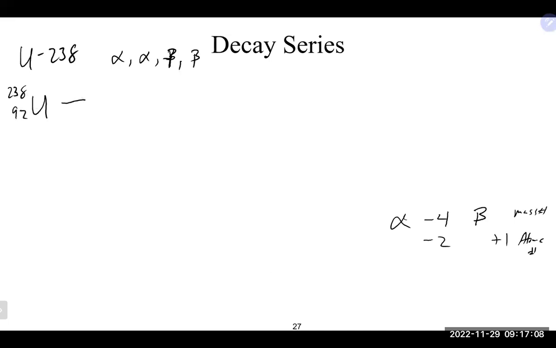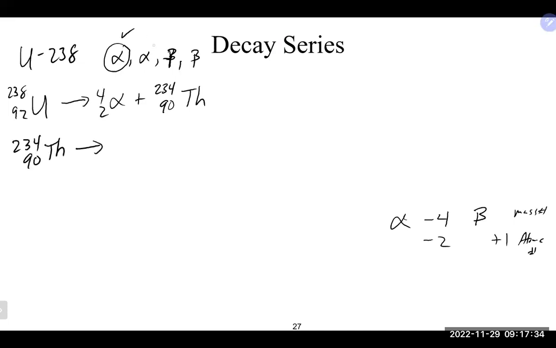The first thing that would happen is we would have an alpha decay, which means we would have our alpha, which means we would end up with 90 and 234. Going to the periodic table, 90 is Th. So that would take care of the alpha part. The next thing that would happen is the product here would be our starting guy.